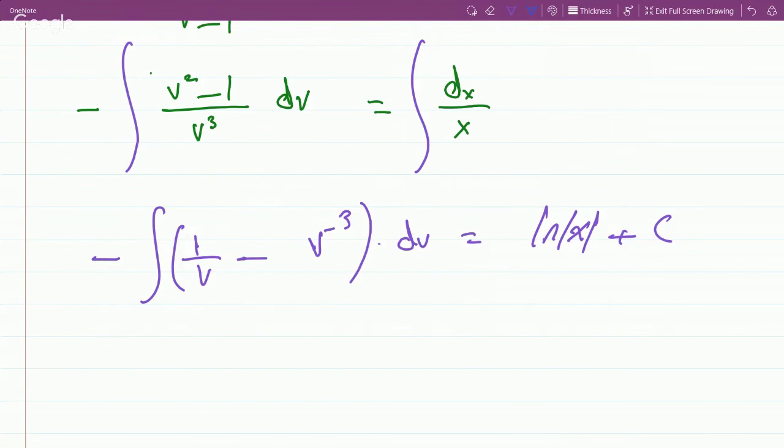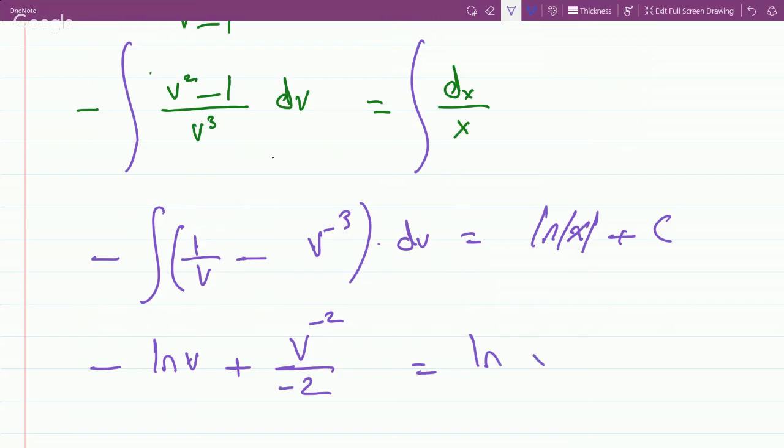If we integrate both sides, we will get minus ln v plus v to the minus 2 over minus 2, equals ln x plus c.